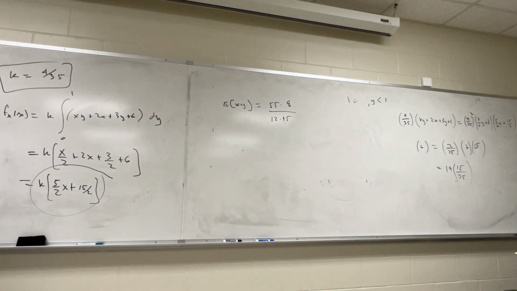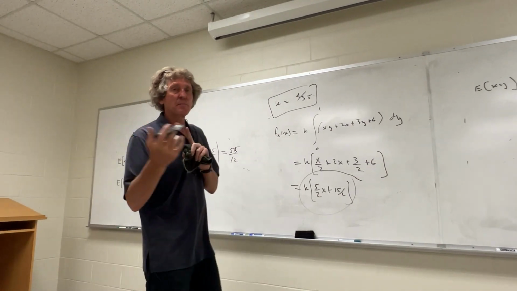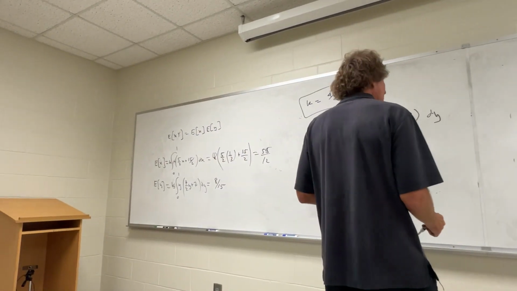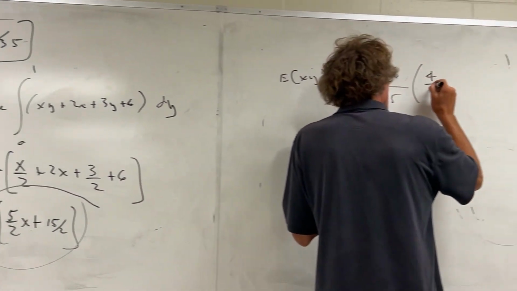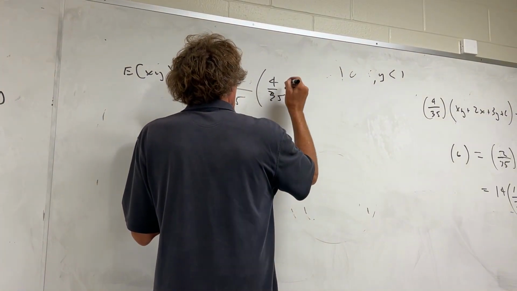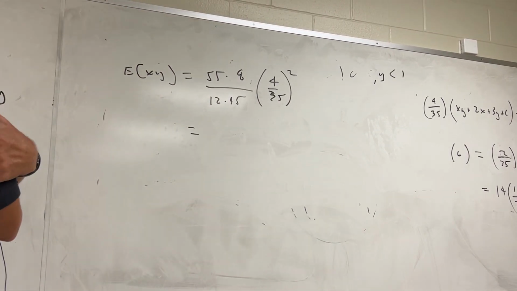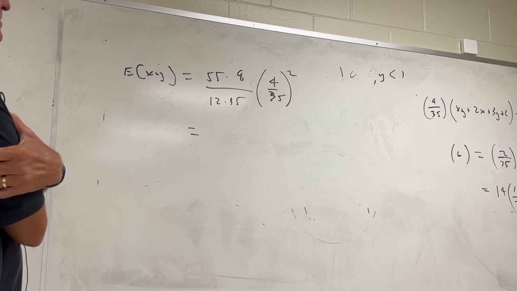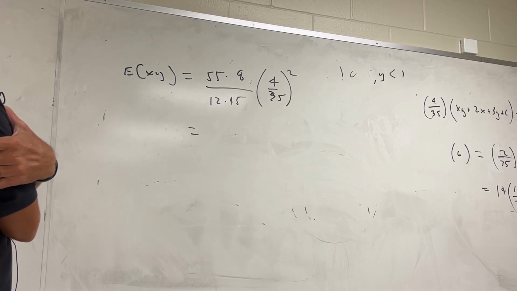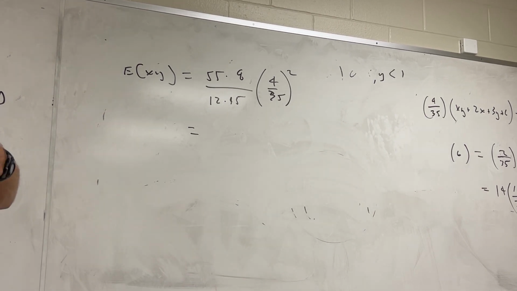This is k and this is k, so it should be k squared. It appears twice, so we multiply by k squared, and k is 4 over 35, squared. What do you get for this? 16 times 8 times 55 over 12 times 15 times 35. That's a big number. For that, you get 352 over.